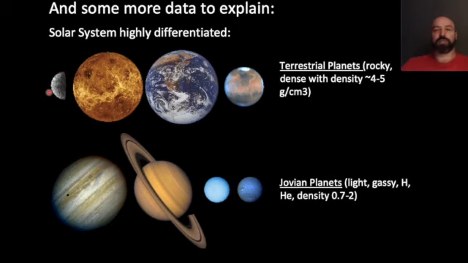And so as the accretion happened, we have denser, rockier planets. Those are the 4 terrestrial planets that are closer to the sun. And then as you got farther away, that was the lighter gas, the lighter material, and we have a lower density.